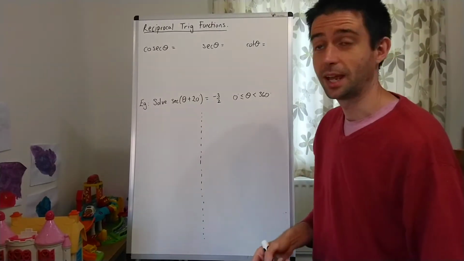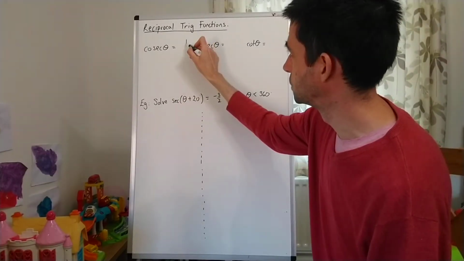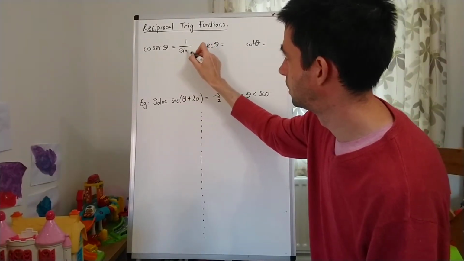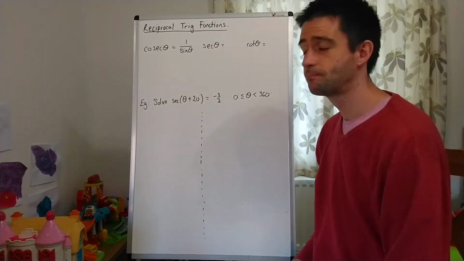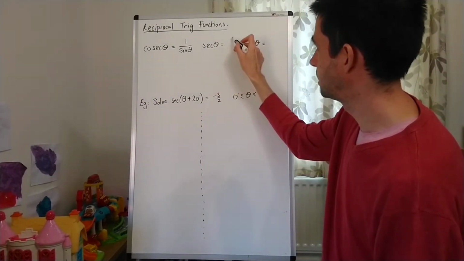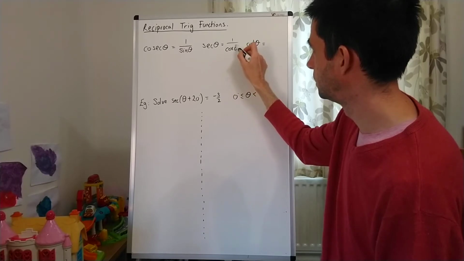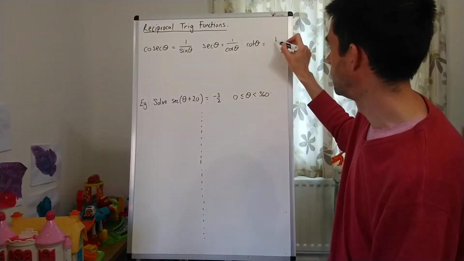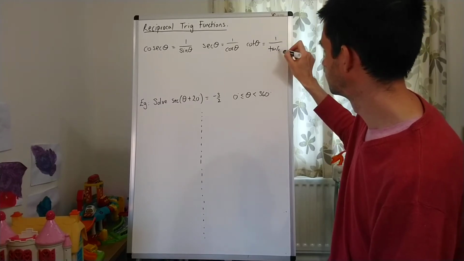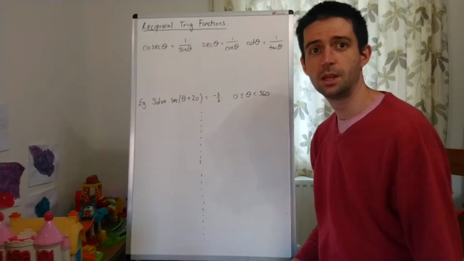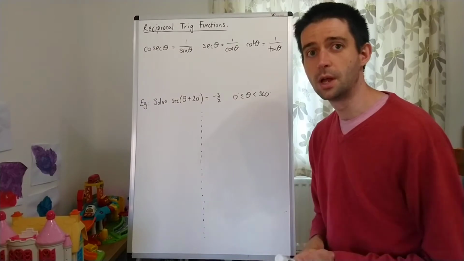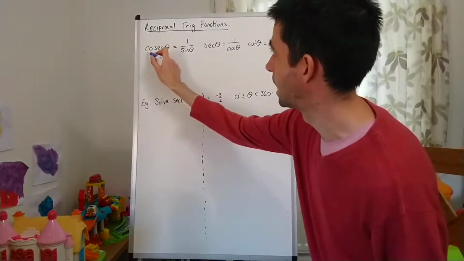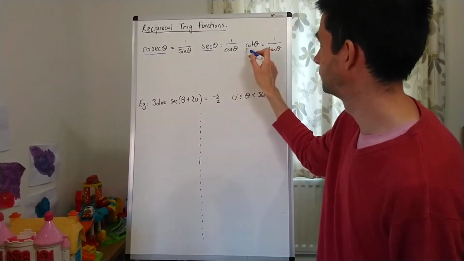So cosec theta is equal to 1 over sine theta. Sec theta is 1 over cos theta. And cot theta is 1 over tan theta. So three new reciprocal trig functions that we need to know about.